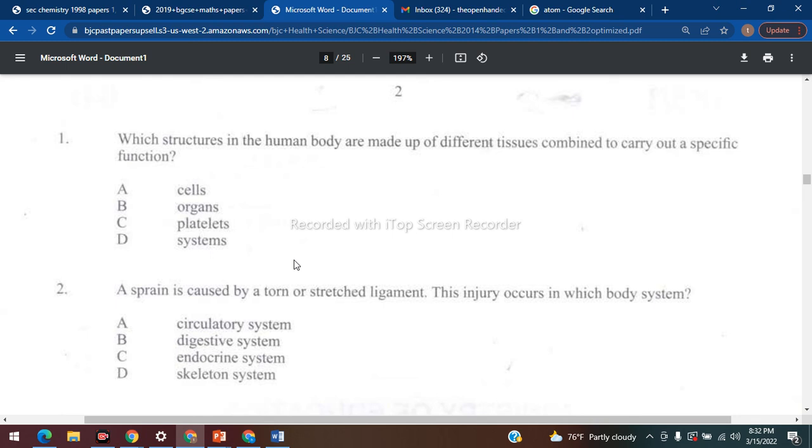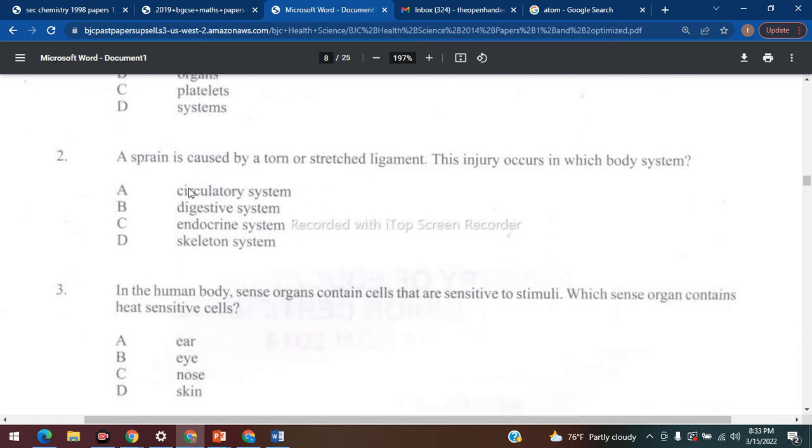Tissues make up organs, and organs make up systems, and systems make up the entire organism. So the structures made up of different tissues would be organs.